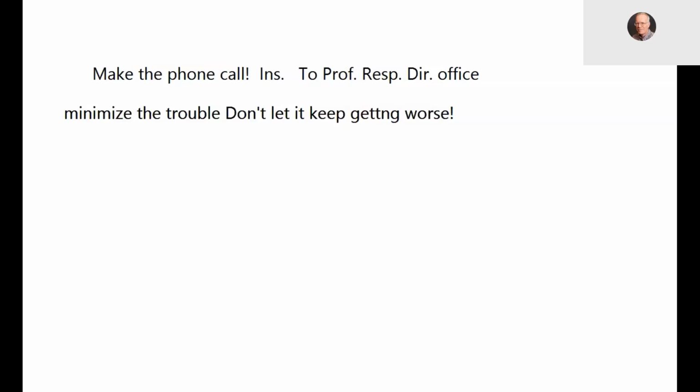Then role play calming down and doing the right thing. Is that making sense to folks? I'll say doing the right stuff.